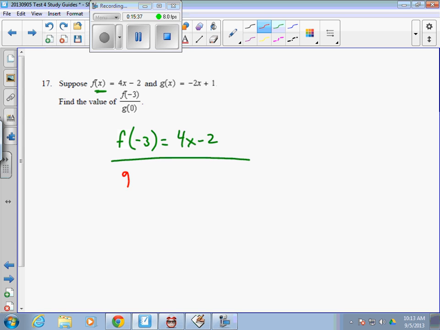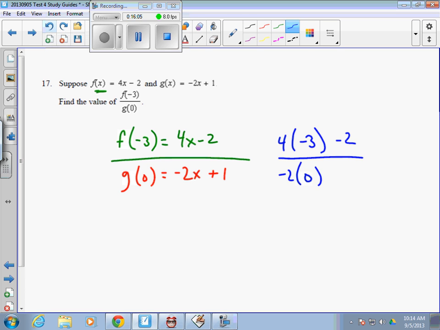So g of 0 equals negative 2x plus 1. So you're just running those two equations with the values plugged in. So 4 times x minus 2 becomes 4 times negative 3 minus 2. And negative 2 times x plus 1 becomes negative 2 times 0 plus 1.